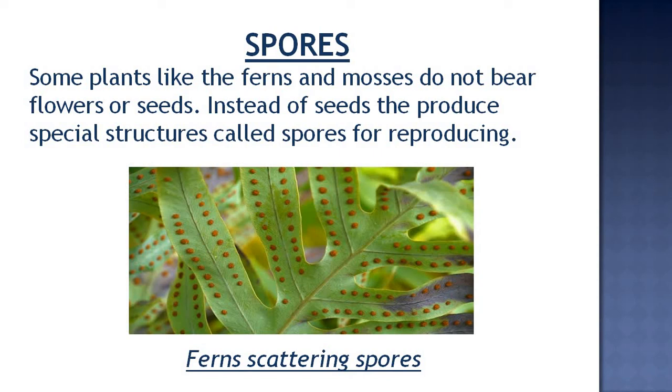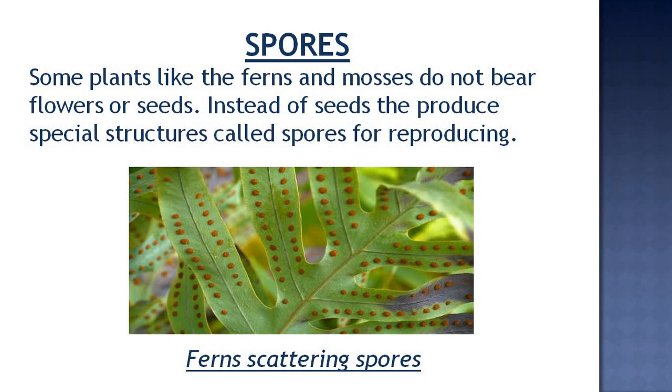So instead of seeds, they produce a special structure called spores for reproduction. As you can see in the picture, this is the fern leaf. When you see the lower surface of the fern leaf, you will find this small structure. This brown small structure produces small spores, and each spore, when it falls in the soil, will germinate into a new plant. So it is not actually a seed, it is a spore.